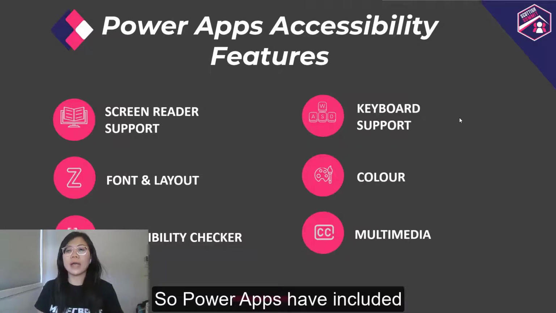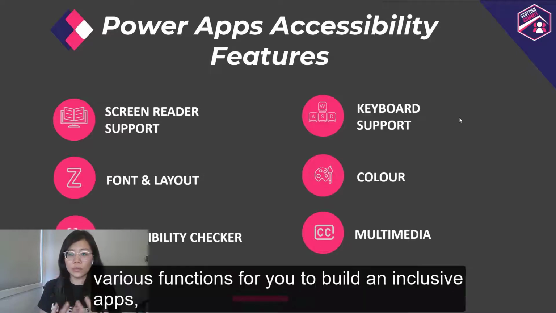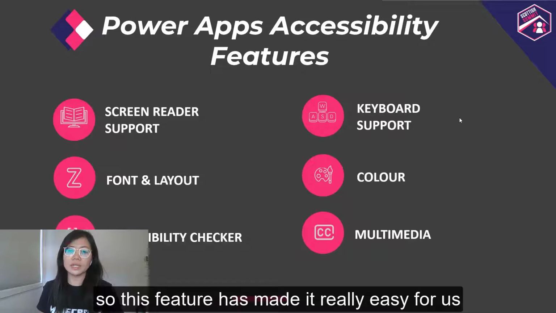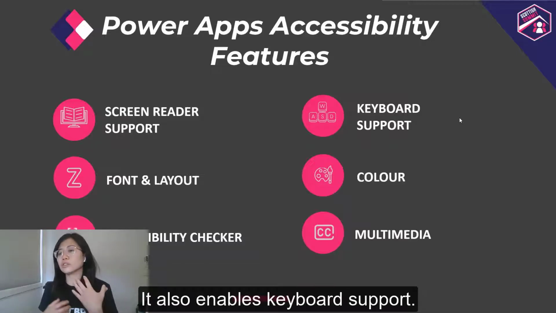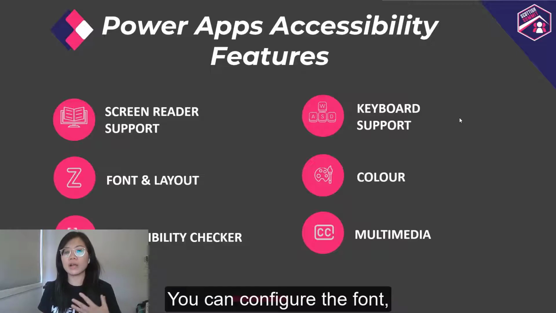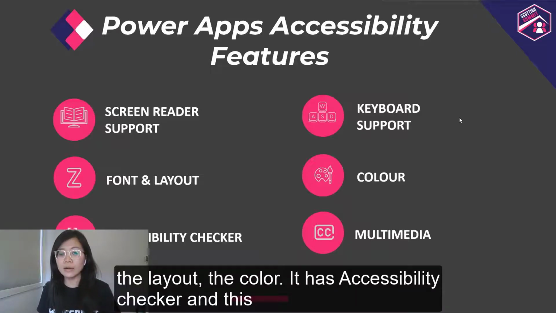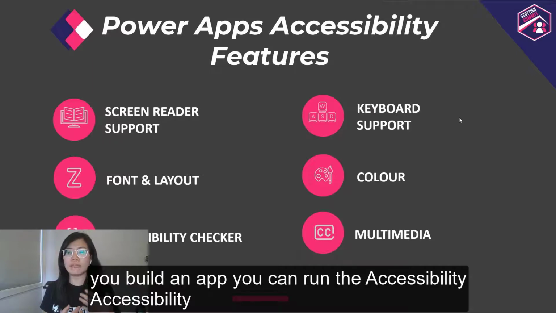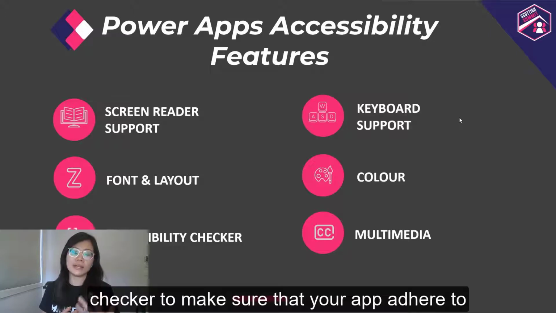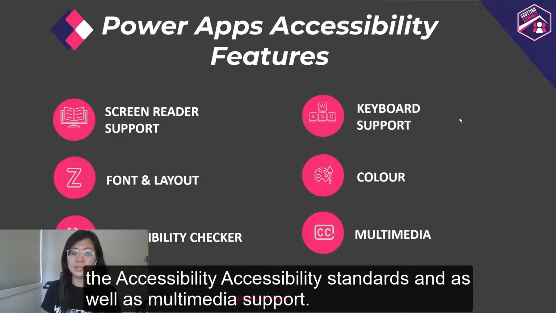So Power Apps has included various functions for you to build inclusive apps. These features have made it really easy for us to design inclusive apps, such as screen reader support. It also enables keyboard support. You can configure the font, the layout, the color. It has an accessibility checker, and this is really useful because every time after you build an app, you can run the accessibility checker to make sure that your app adheres to the accessibility standards.